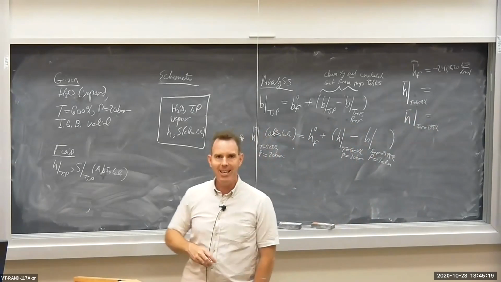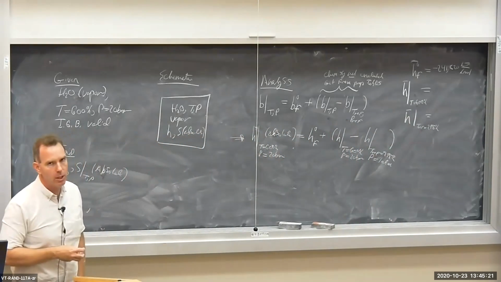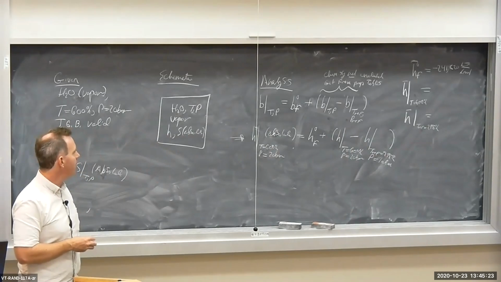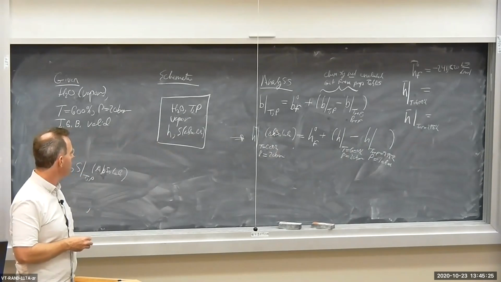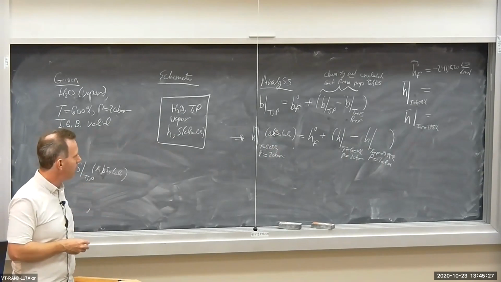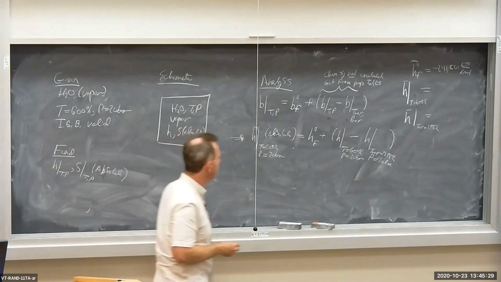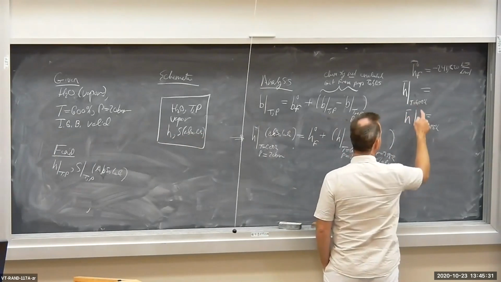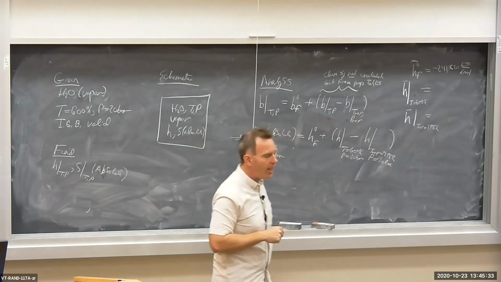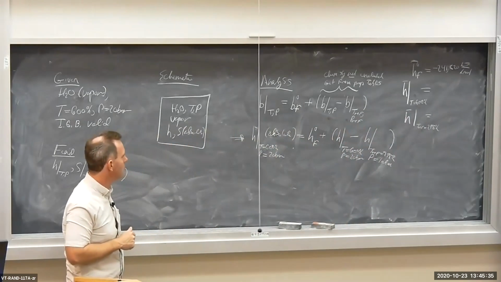Specific entropy is a function of pressure, so I'm going to have to be a little bit more careful when I evaluate the absolute entropy in the second part of the problem. I've dropped the pressure dependence here because for IGB, ideal gas behavior, enthalpy is a function of temperature alone.